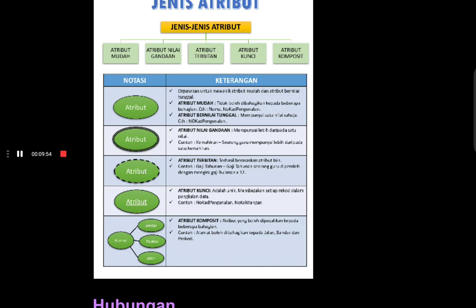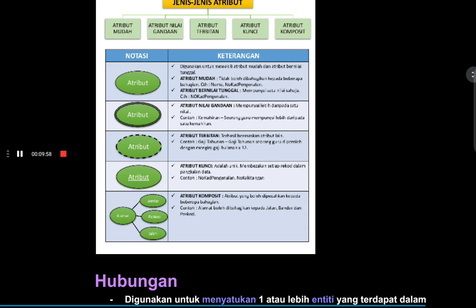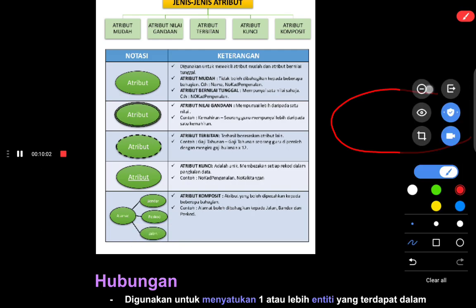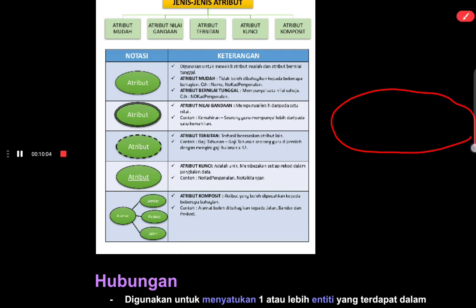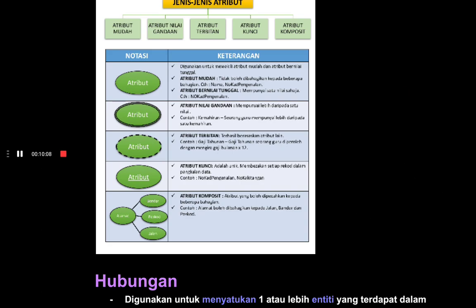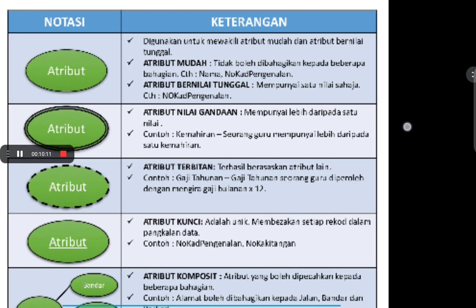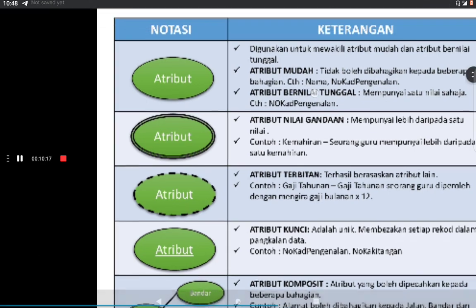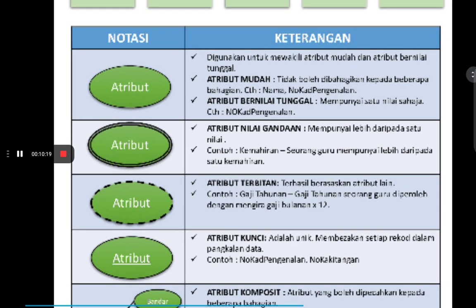But you can just go through that attribute is this shape, bujur. Let's just go through. Attribute. This is the normal one. And attribute memiliki atribut mudah dan atribut bernilai tunggal.